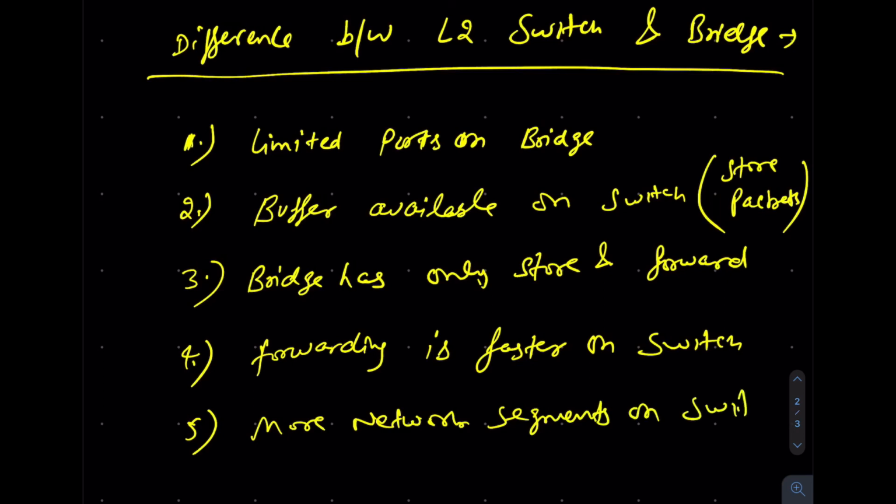Forwarding is faster on a switch. These are the main things that differentiate a switch and a bridge. Okay, and a network is also very customized.